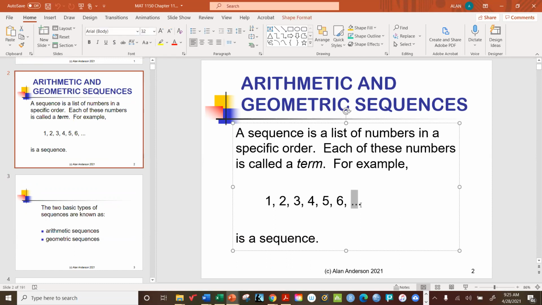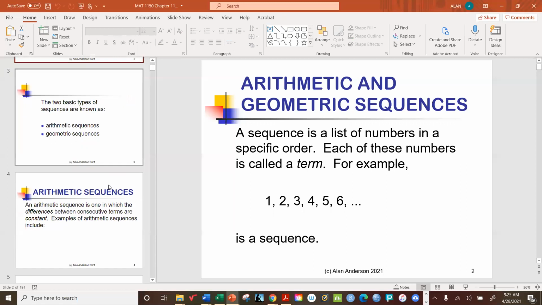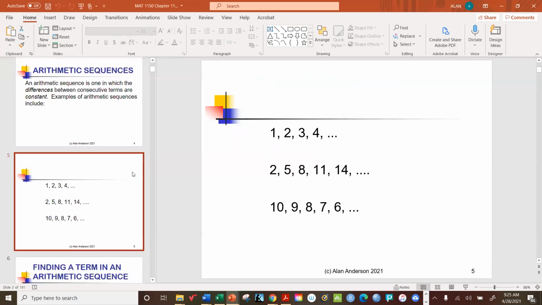By the way, these three dots indicate that this sequence goes on forever. The next ones, of course, will be 7, 8, 9, 10, 11, all the way up to positive infinity. No matter what terms we're looking at, each one is simply one greater than the one before it. So in that case, we would say that they have a common difference of one.